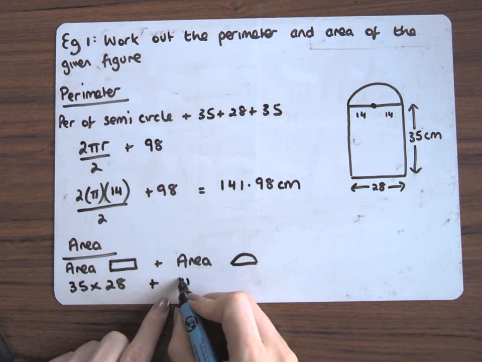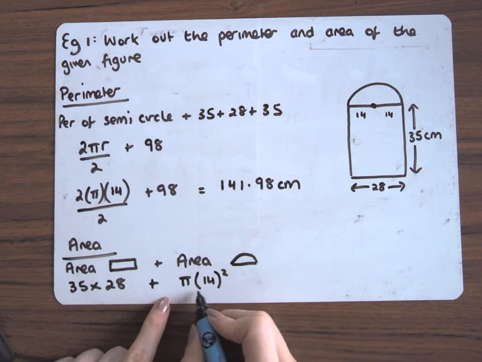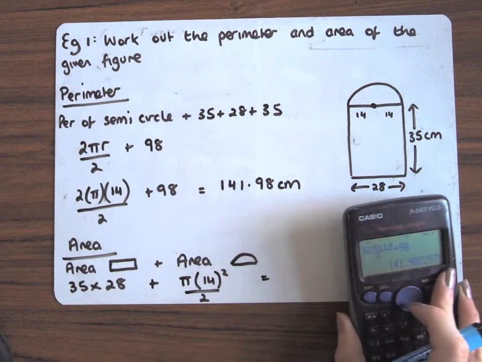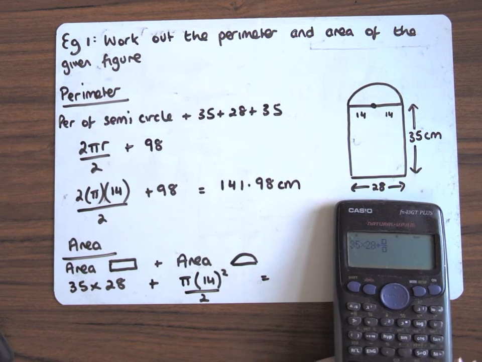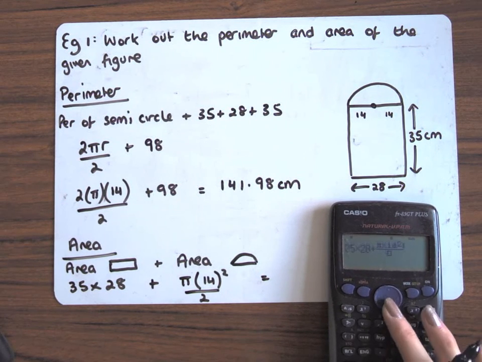Pi r squared. Pi r squared. That's a full circle divided by 2 to get a semicircle. Brilliant. Okay, and I'm going to throw that into my calculator. 35 by 28 plus fraction pi by 14 squared over 2.